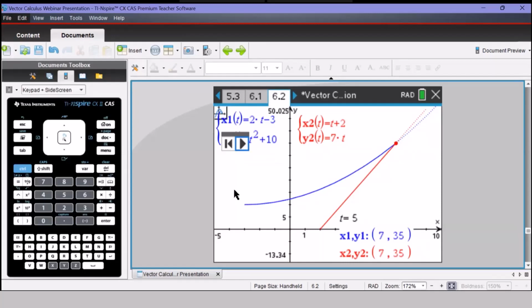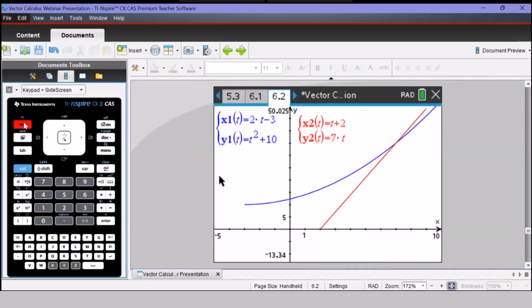And so we can conclude from this animation that that is a point of collision. We also have the time of collision, and we can play the animation out, assuming that they've survived the collision. So press escape, and we go to the next page.